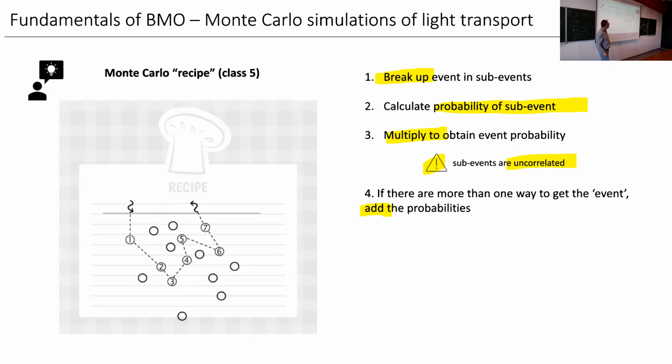You calculate the probabilities for each sub-event. You multiply these to obtain the total probability of events, for example, this entire photon path. And if there's more than one way of getting from here to here, so the full path, you're allowed to add those. So that is the recipe.